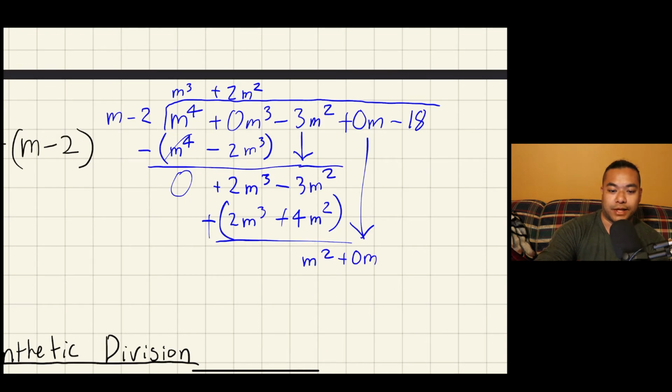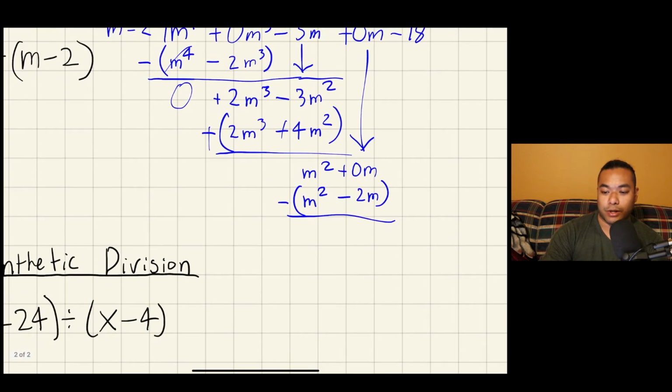How many times does m go into m squared? It goes m times. M times m minus 2 gives us m squared minus 2m. Subtract all of this, and we get m squared minus m squared cancels. 0 plus 2m gives me positive 2m.